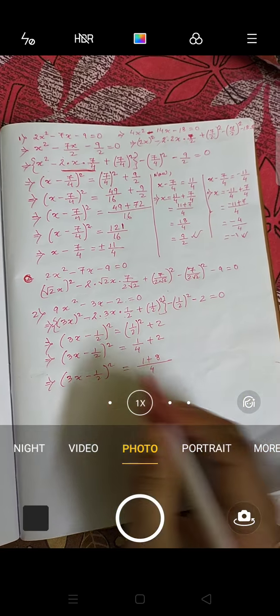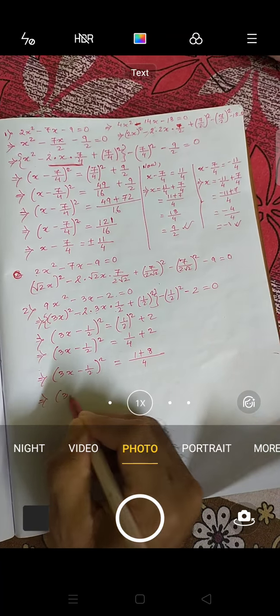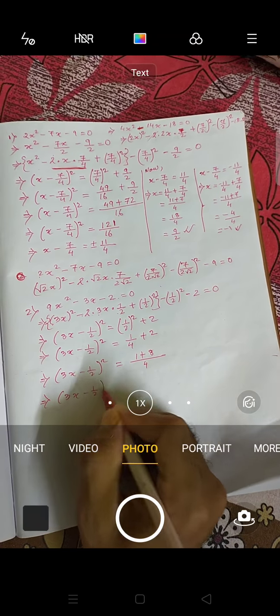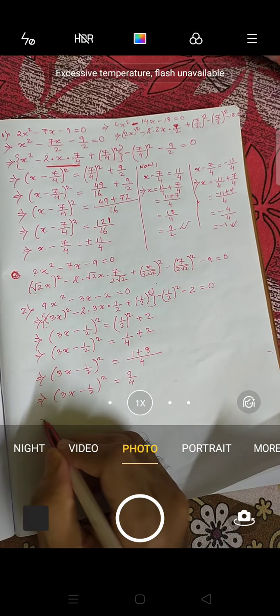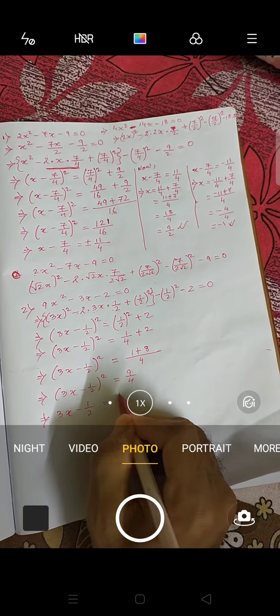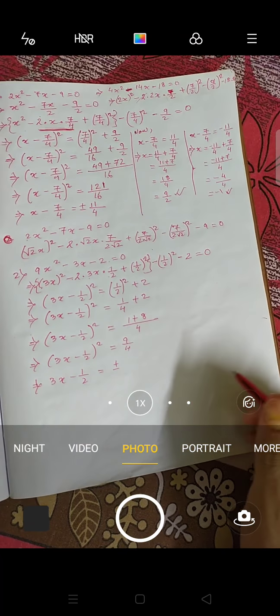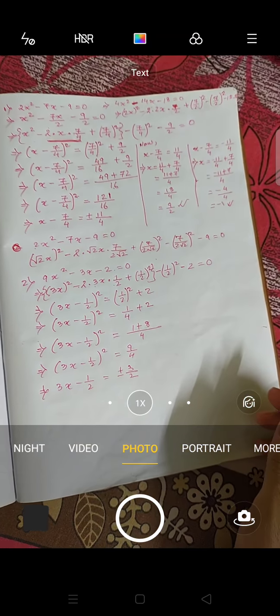Correct? Now this will become 3x minus 1 by 2 whole square equals 9 by 4. Now this can be taken as 3x minus 1 by 2 equals plus minus, what can I write here? 3 by 2.